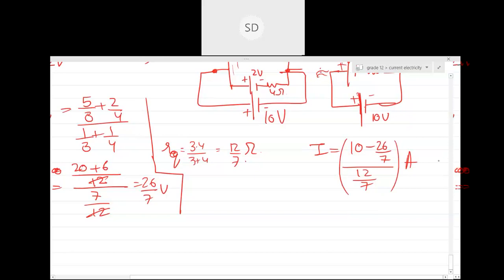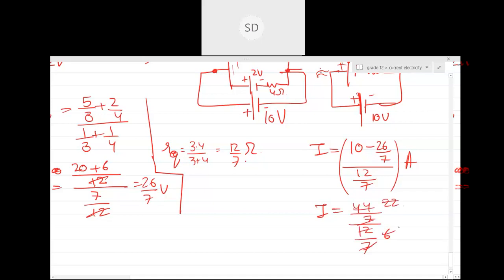So I think you can do it. 70 minus 26 is 44, right? So this will be 44 by 7 divided by 12 by 7, and after cutting, 22 by 6.